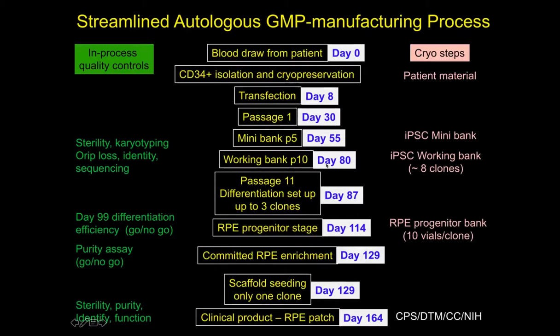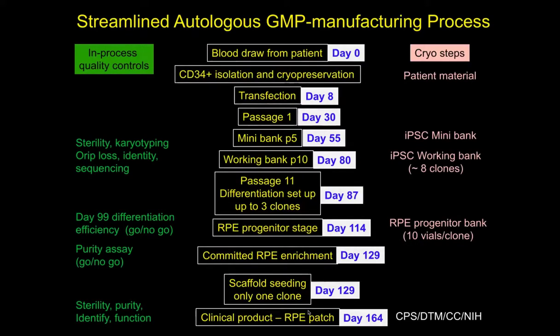We noted down every single day how different processes were going to be done. The SOPs were developed for making the bank, for characterizing the bank. And then from there, setting up differentiation of 3 iPSC clones in parallel, going all the way to the progenitor stage, and then seeding the cells onto the PLGA patch, like I showed you previously.